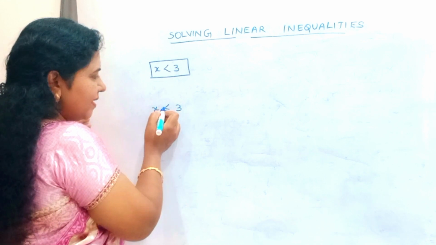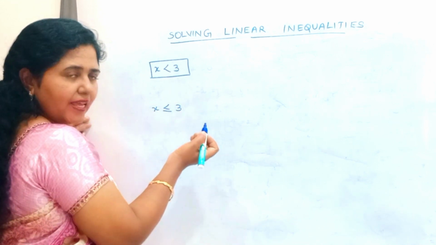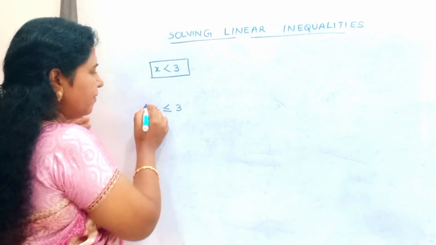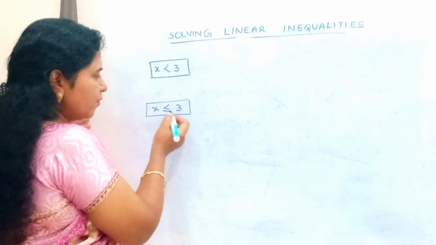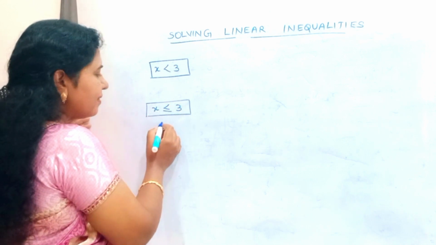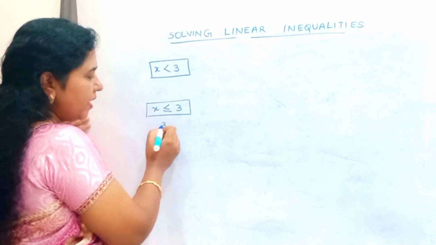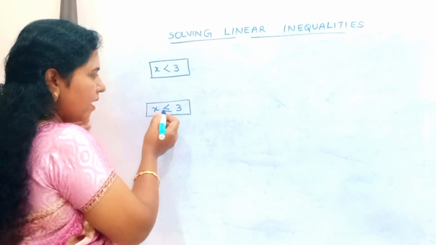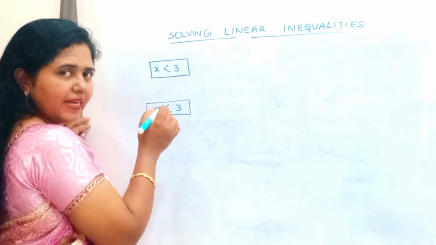So x is less than 3, that is the first part, and x is equal to 3, that is the second part. When we are considering this inequality, the values for x can be 3 also because here we are having an equal to sign. So it can be 3 and all the other values less than 3 also come within this relation.